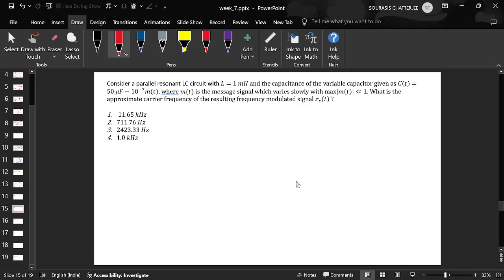So they talk about the approximate carrier frequency, that is going to be equal to the resonance frequency of a parallel LC circuit.